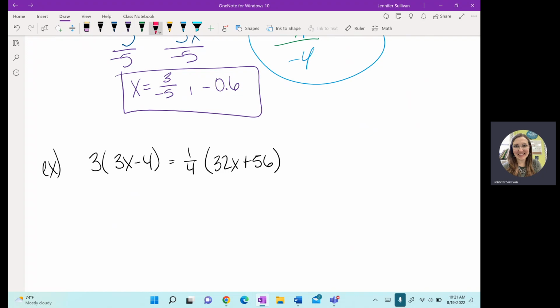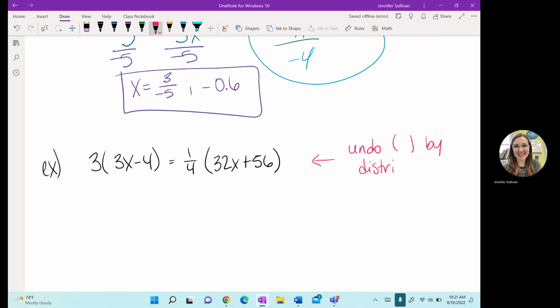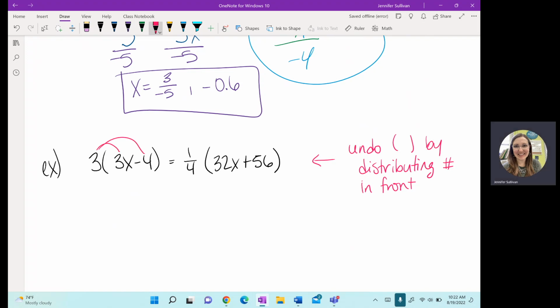But I also notice that right now I have these parentheses. And how do we undo the parentheses again? That's right, we distribute the number in front. So we're going to distribute, distribute. This one will distribute and distribute as well. So both sides we distribute.